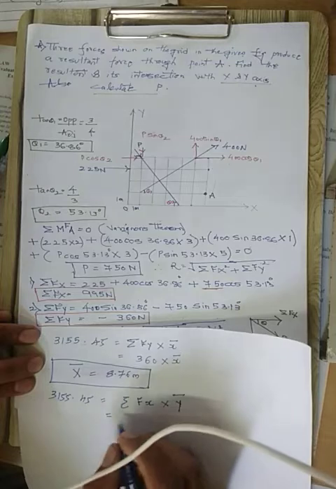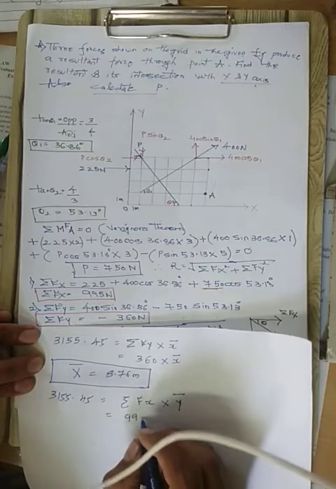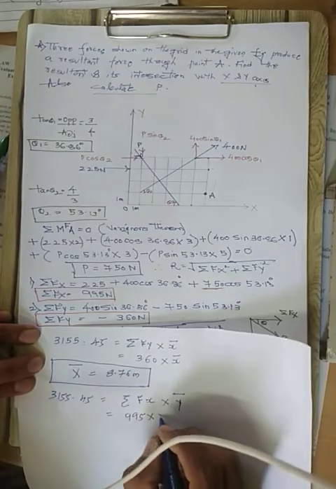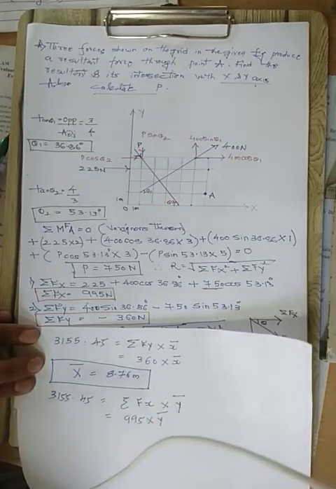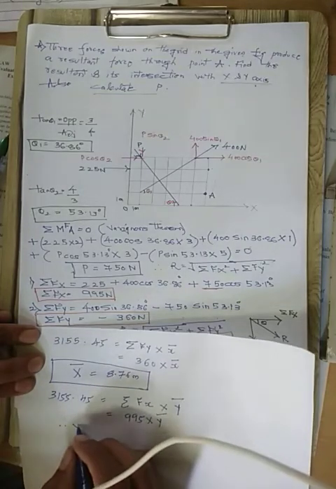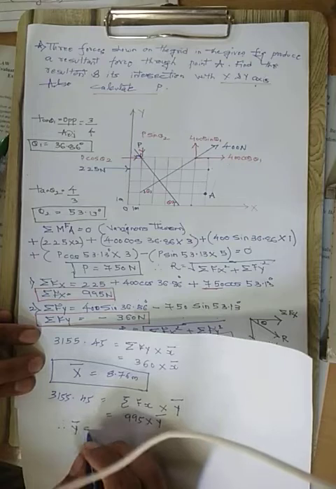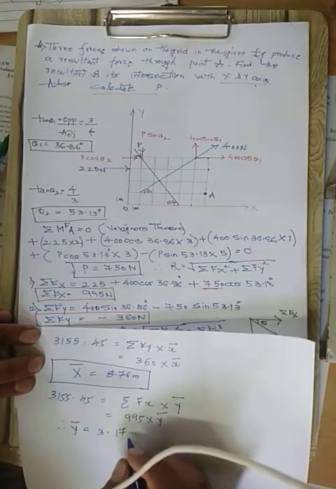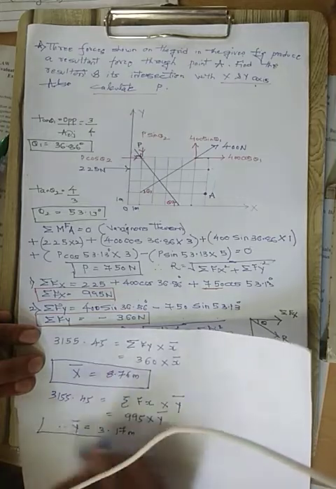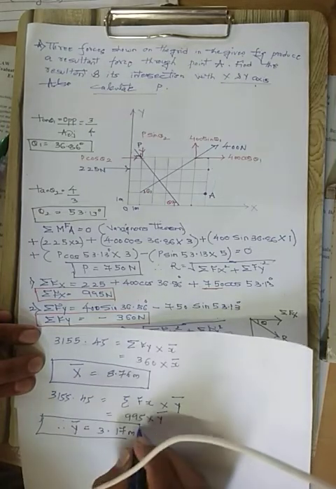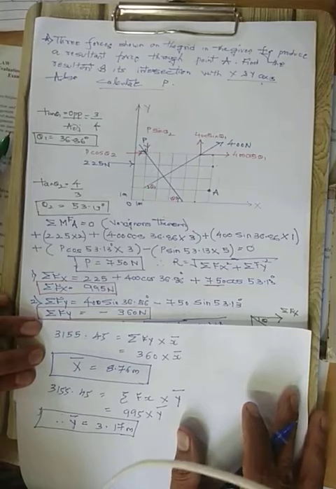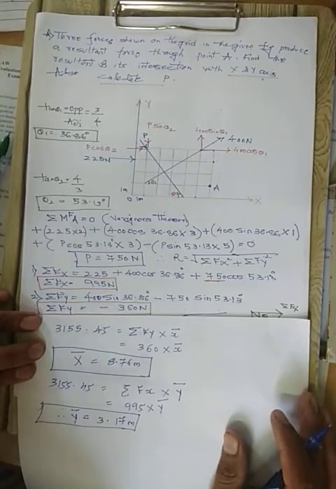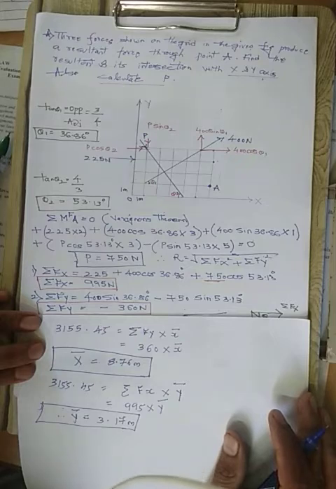So here Fx is 995 into y bar. Therefore y bar has been calculated, simple division. So y bar comes to be 3.17 meters. This thing is clear. So in this way we have calculated x bar and y bar.